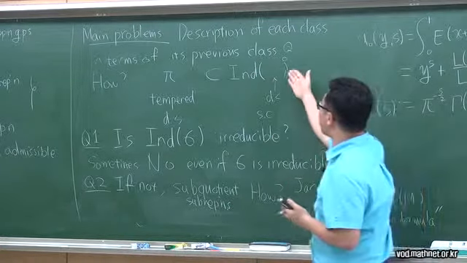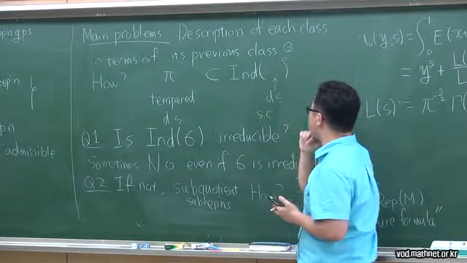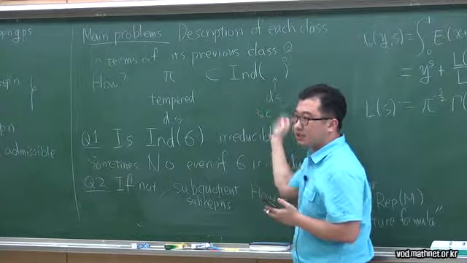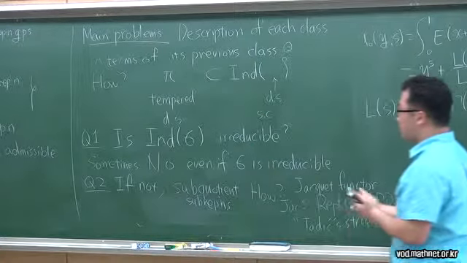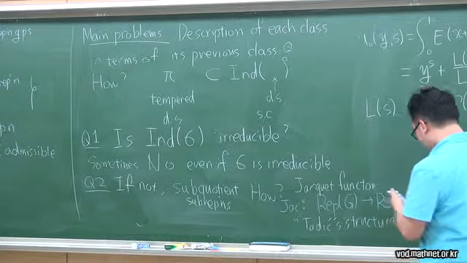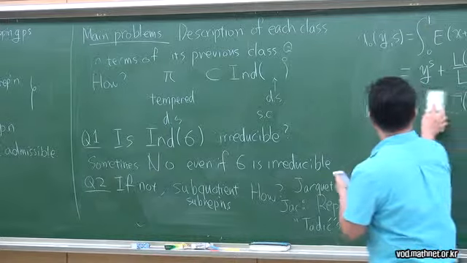And at least one part of the inducing data, the representation of the Levi subgroup, should be the supercuspidal representation. And using the previous class, you want to classify the second class, discrete series representations. Okay.